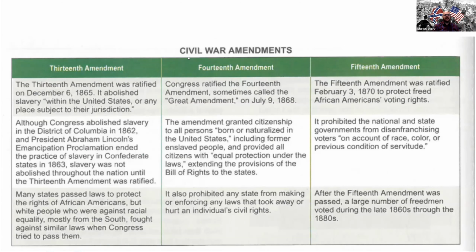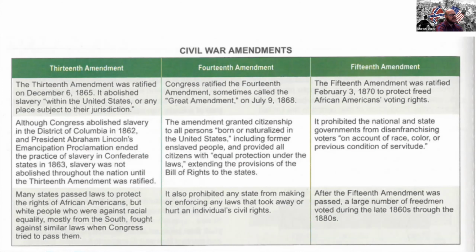That as society evolves, as morals and ethics evolve, the society can make those changes to match the society in which we live. So after the Civil War, they decided, all right, it is time that we really put these ideas down in stone and make a new amendment. So 13th, 14th, 15th Amendment.